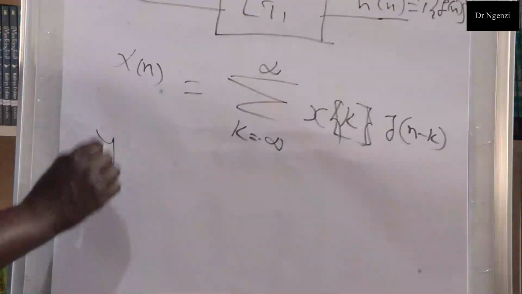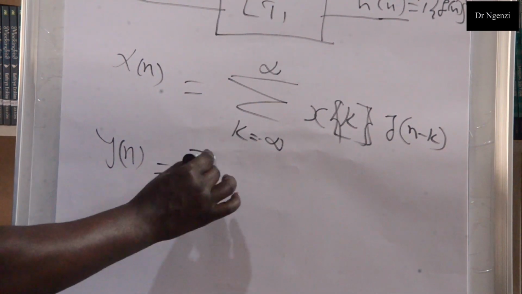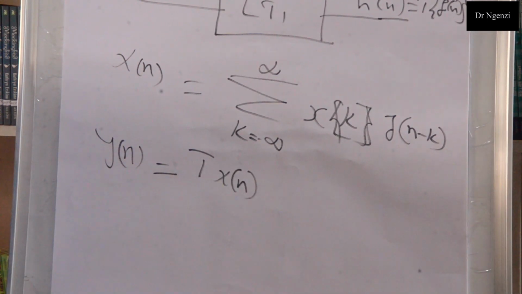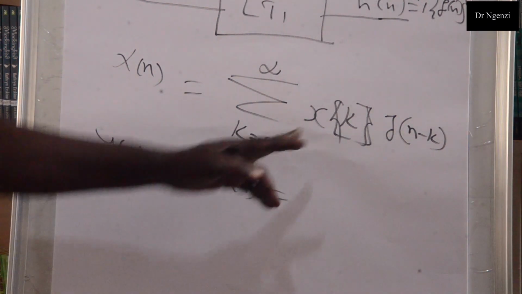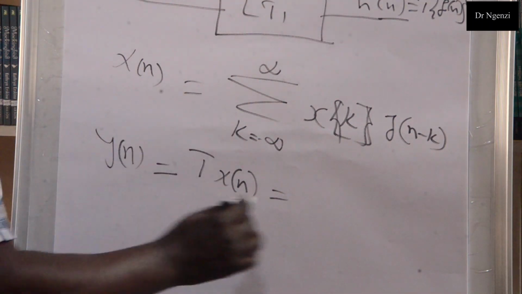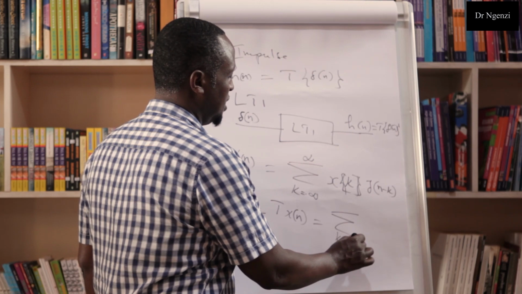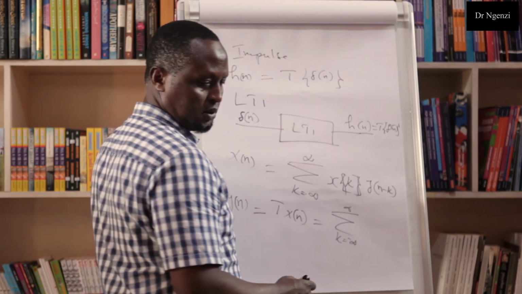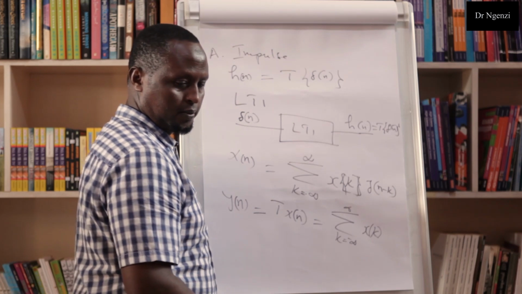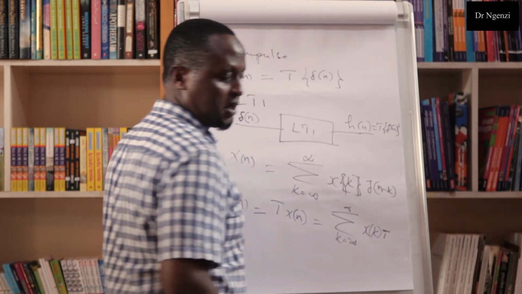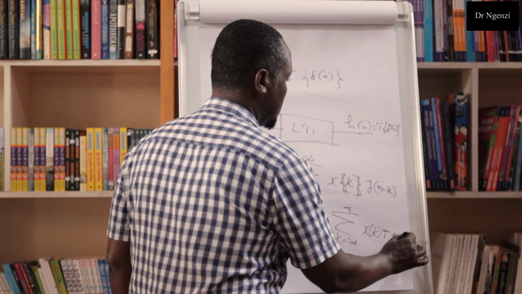So the system response y is going to be, you apply the transformation T of x of n in this case, which will look like, for example, the normal case that we have seen, which is going to be the summation of k ranging from negative infinity to infinity of x of k, of course, multiplied by the transformation of x of n minus k, like this.